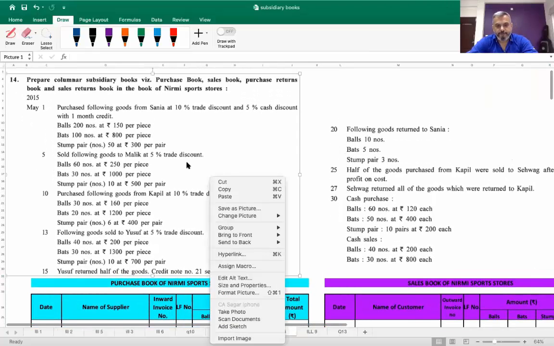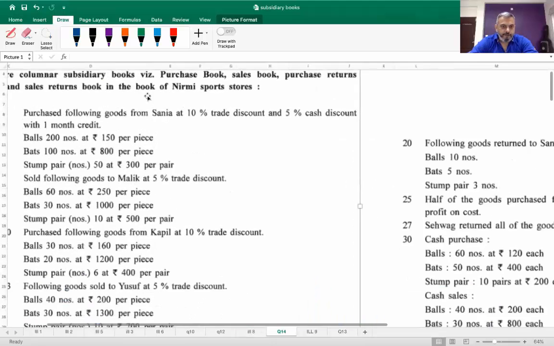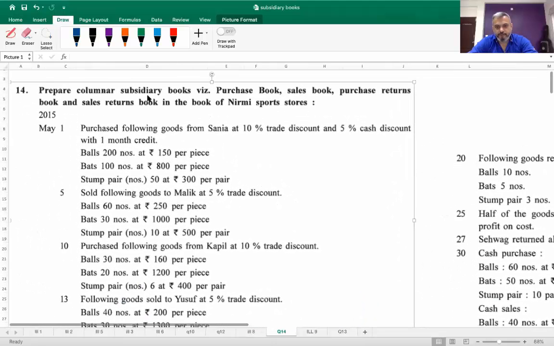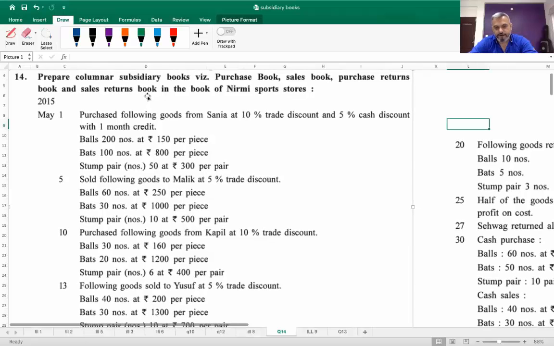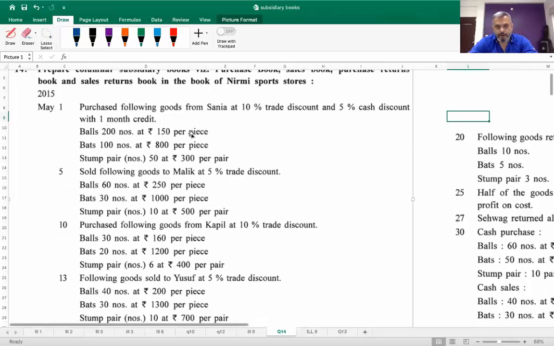Now question number 14, important sum for your exam. Now prepare columnar subsidiary books: purchase book, sales book, purchase return book and sales return book in the books of Nirmi Sports Store. 2015 May 1.